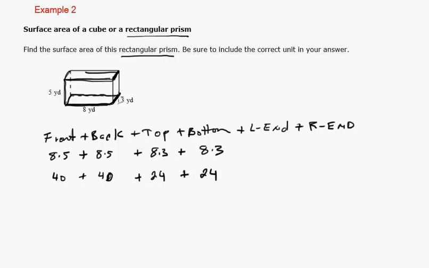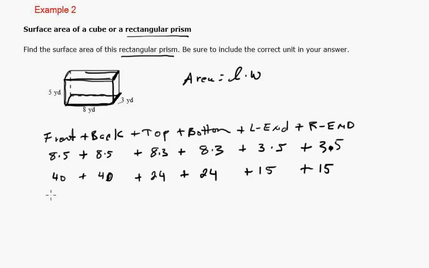And then for the end, it would be 3 times 5, because remember, area equals the length times the width. So 3 times 5 is 15. And then both ends, the right end and the left end, 3 times 5 is 15.